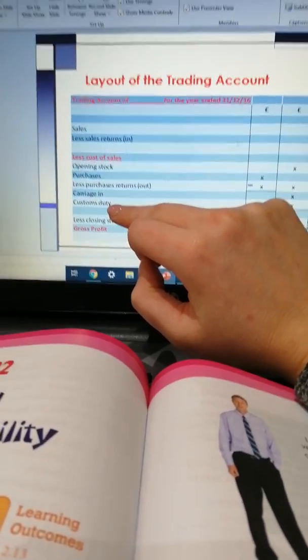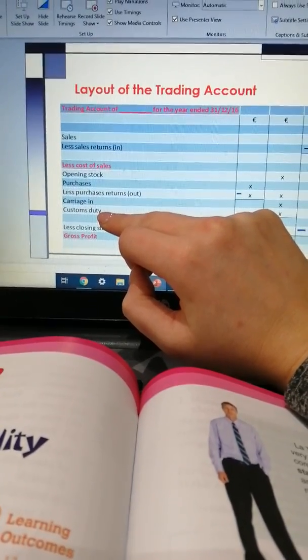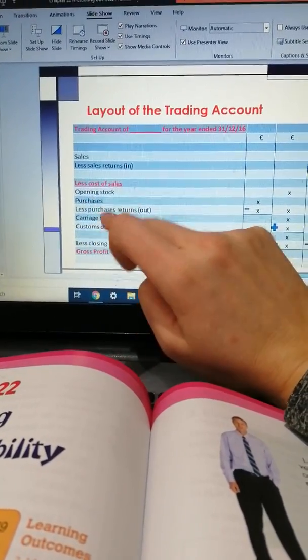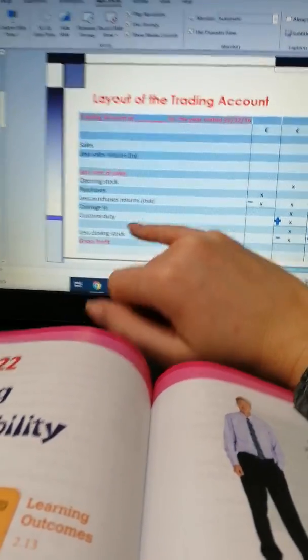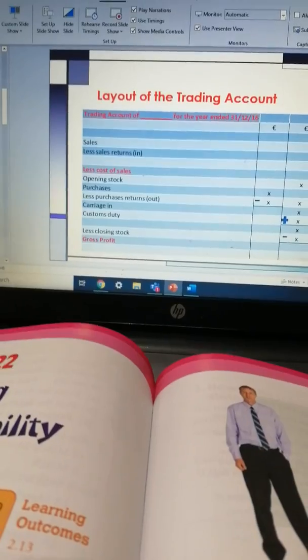If the goods came from outside of Ireland, we could have had to pay customs duty. And then we have our closing stock. So these are the costs of selling the product. And we have sales and our sales returns and our gross profit. That layout, we need to learn this layout because the layout does not change.